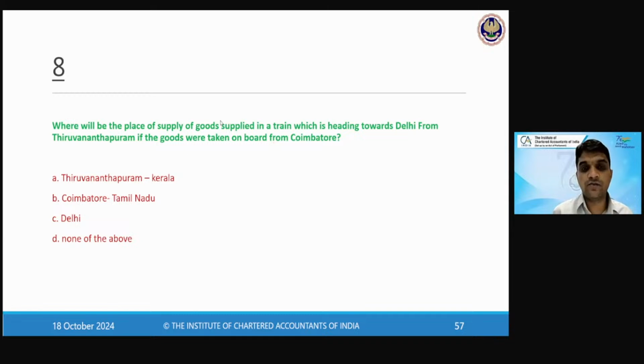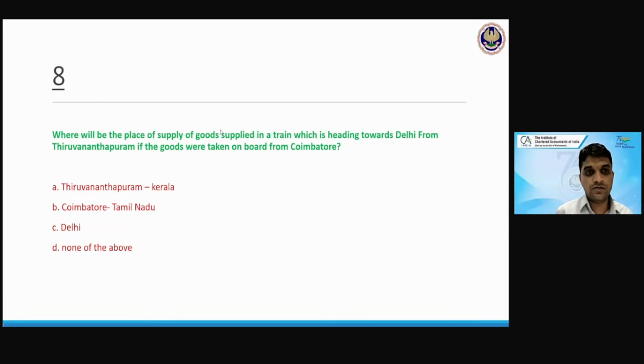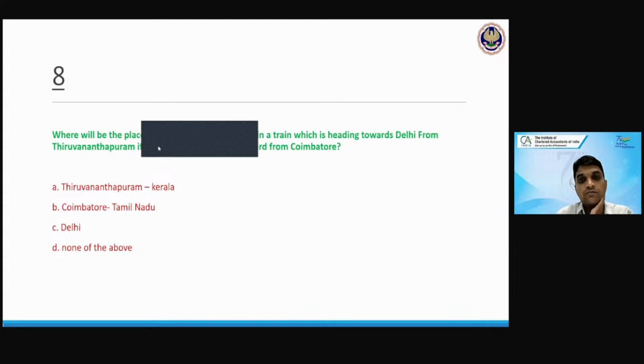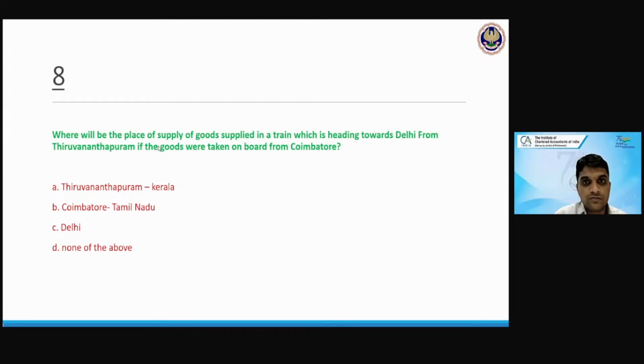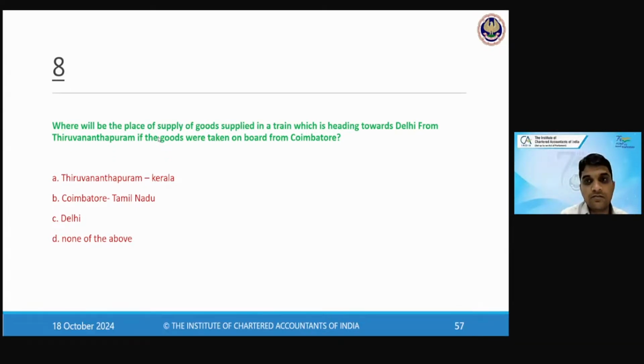Question number 8. Last question for the day. We have had enough of MCQs. Eight, B, correct, because that is the place where the goods were taken on board. So the answer is B.